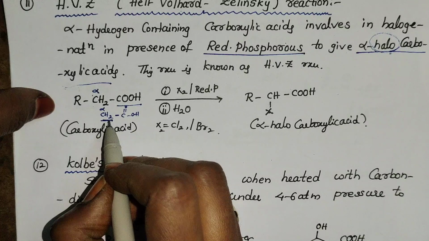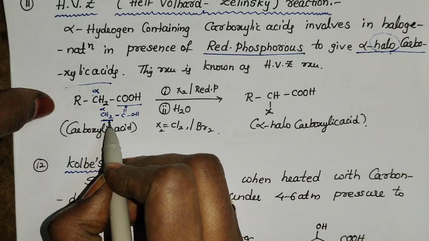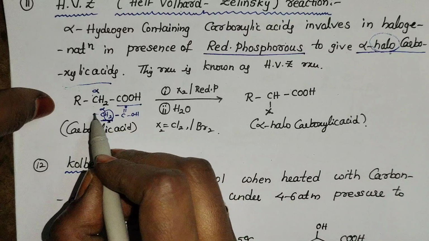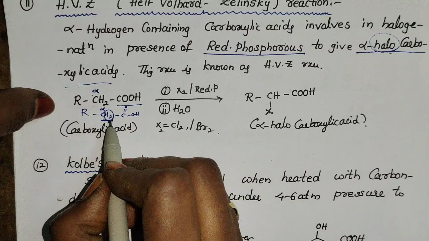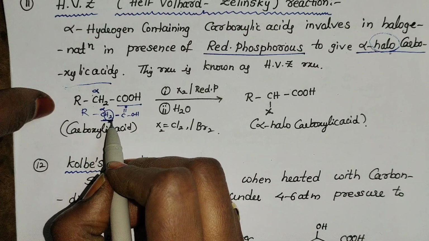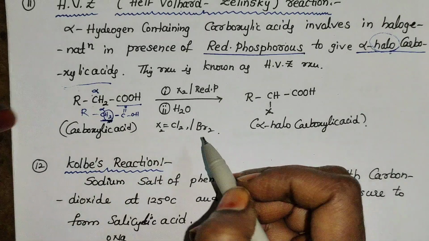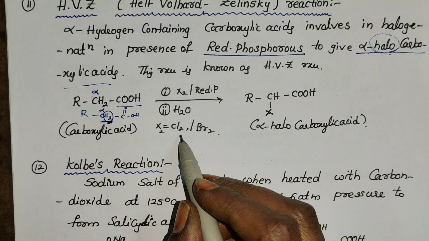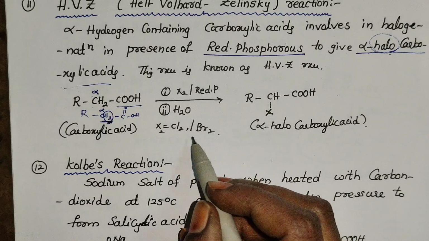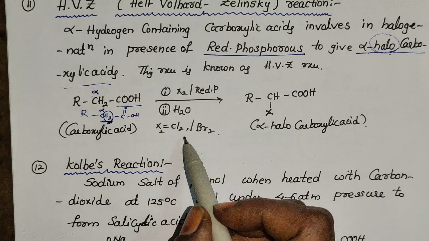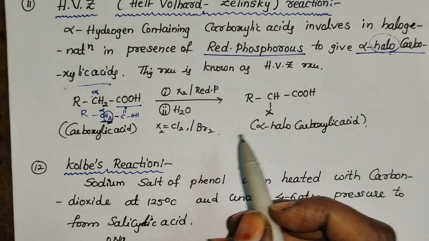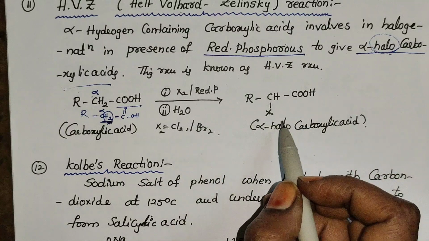Alpha hydrogens are mandatory for the HVZ reaction. One of these hydrogens is substituted with a halogen atom. In place of X we take either chlorine or bromine.